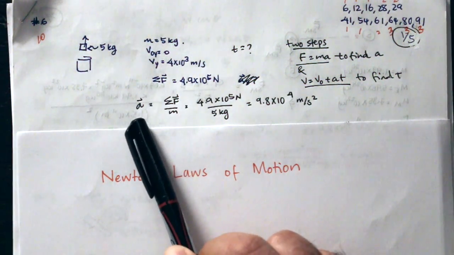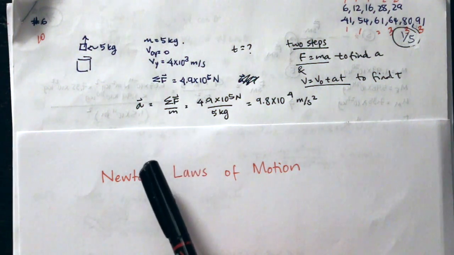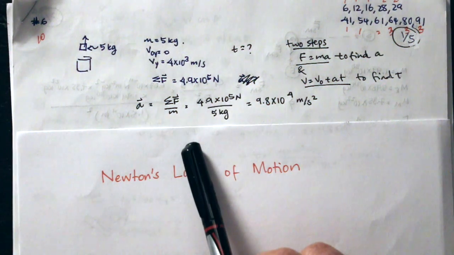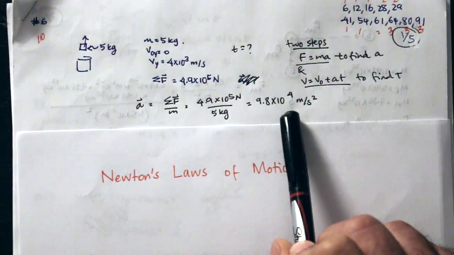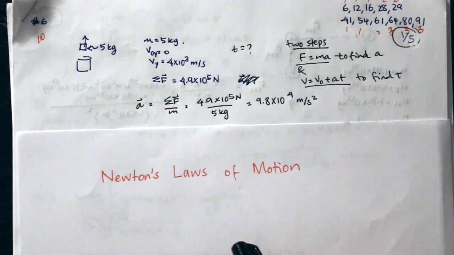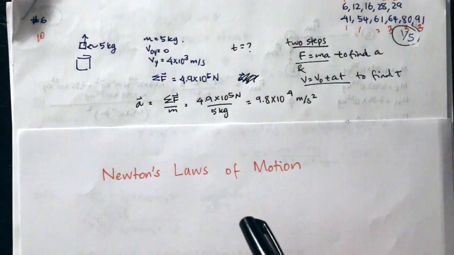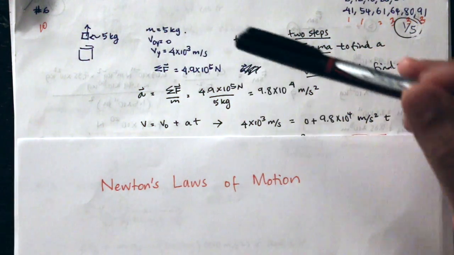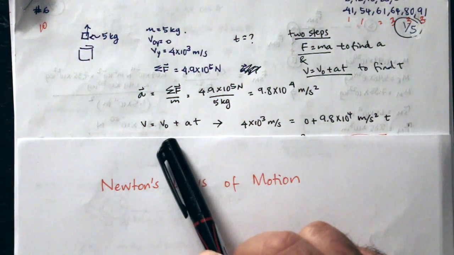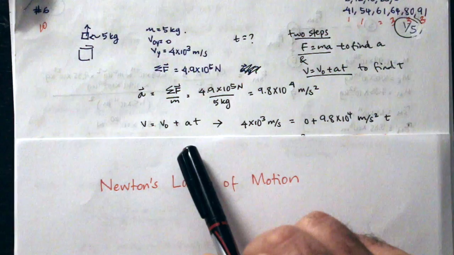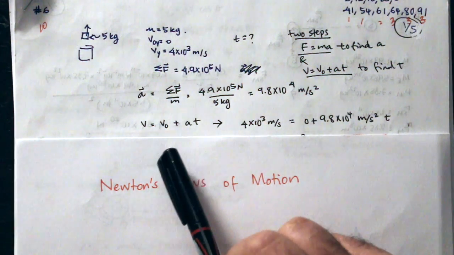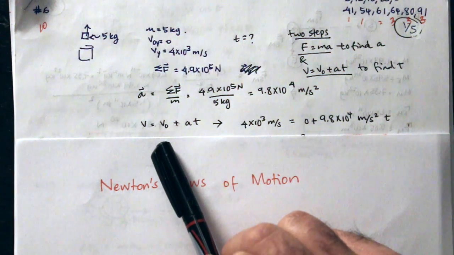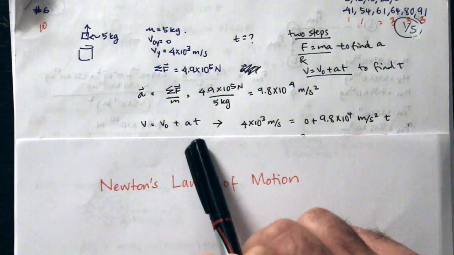So the acceleration is proportional to the net force, inversely proportional to the mass. That's 4.9 times 10 to the 5 newtons divided by 5 kilograms. It's 9.8 times 10 to the 4 meters per second squared. So now that I know the acceleration and I know the initial and final velocities, I can use the appropriate equation, because this is a constant acceleration: the final velocity is equal to the initial velocity plus the acceleration times time.